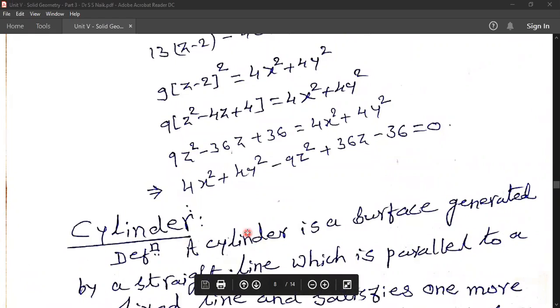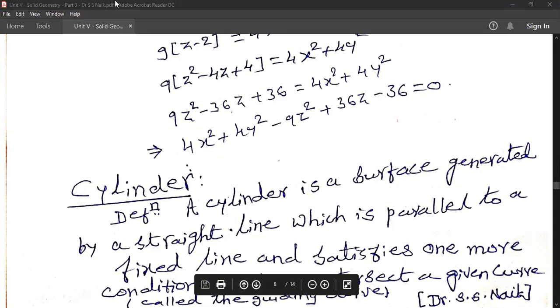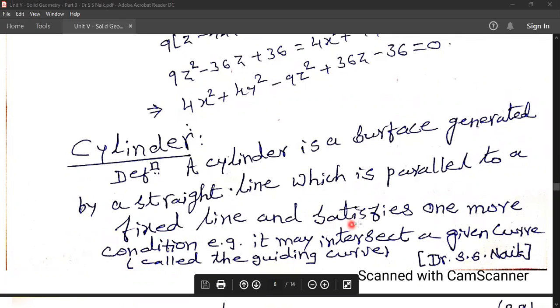Cylinder definition. A cylinder is a surface generated by a straight line which is parallel to a fixed line and satisfies one more condition.